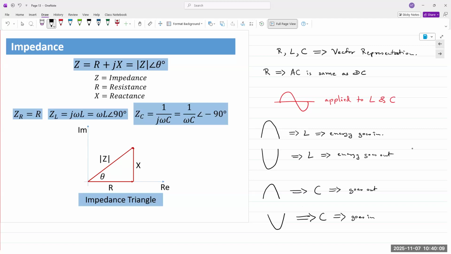Okay, so reactance is a quantity that is solely attributed to, or possessed only by, the inductor or capacitor. Resistors do not store any energy, so they do not have any reactance. Let's take a pause. Let me know if you have any questions.